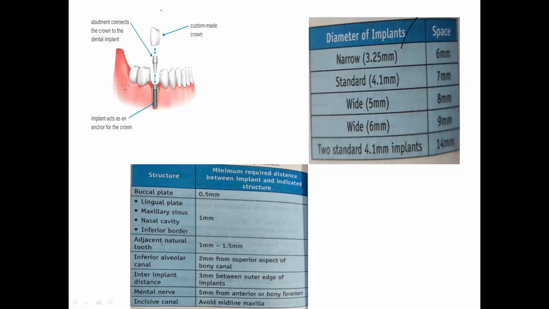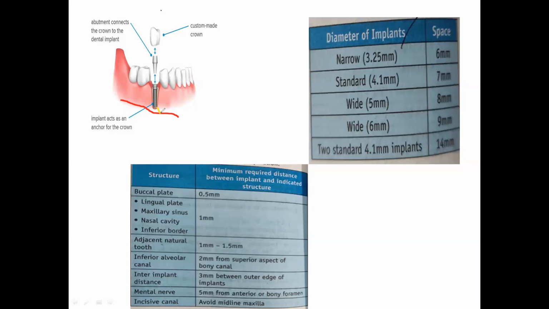If I draw the inferior alveolar nerve somewhere here, this implant is very prone. When I place the implant, it is very likely that I can harm the inferior alveolar nerve. So while placing an implant in the lower arch, the distance between the implant and the inferior alveolar nerve has to be at least 1 millimeter.